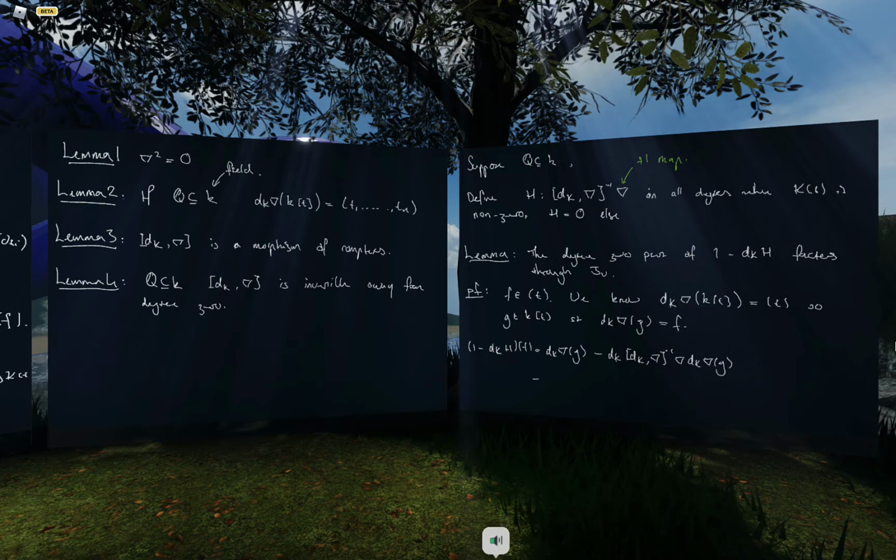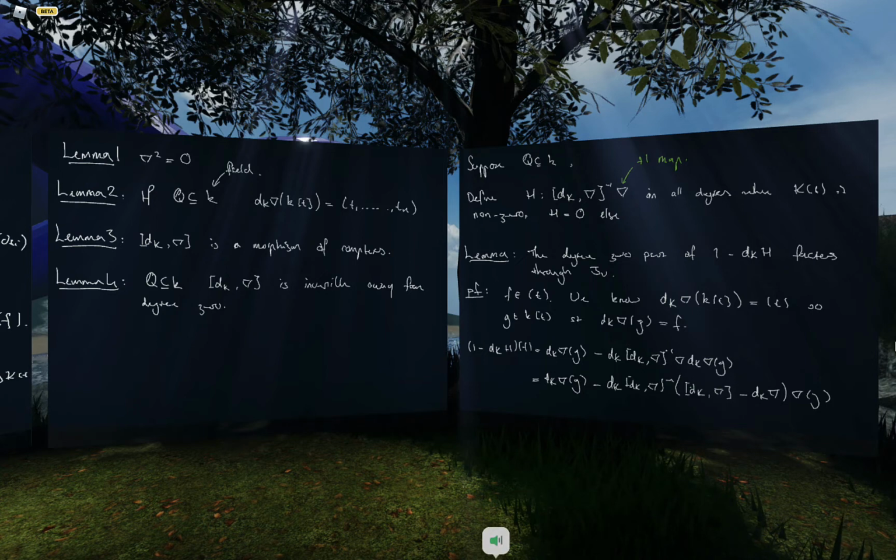From here, we can write this as, so we still keep this term out the front. And we can rewrite this as, this term stays the same as well. And we can rewrite the next thing as the commutator dk nabla minus dk nabla of g.